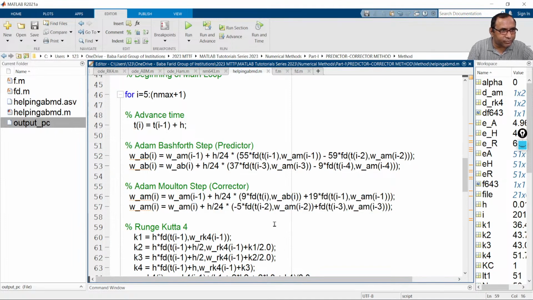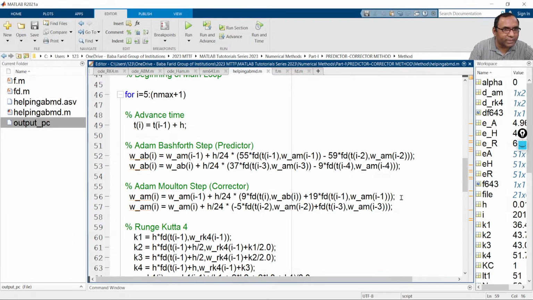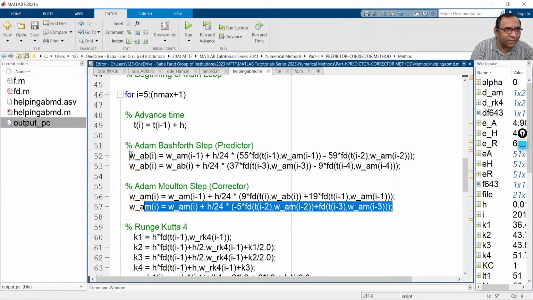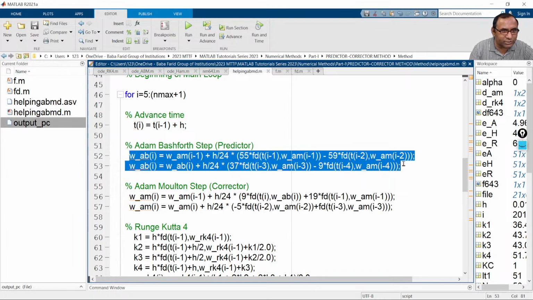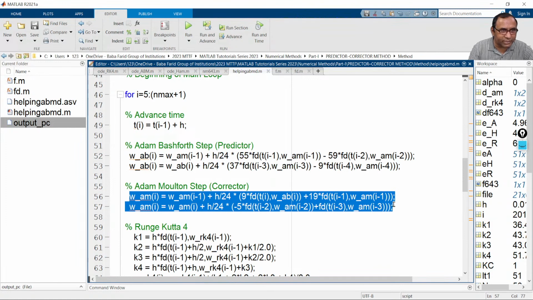You can compare this equation with here, and easily convert in this form. This is also the same as we discussed for the previous equation, and you can easily convert it for the Adam-Moulton corrector.